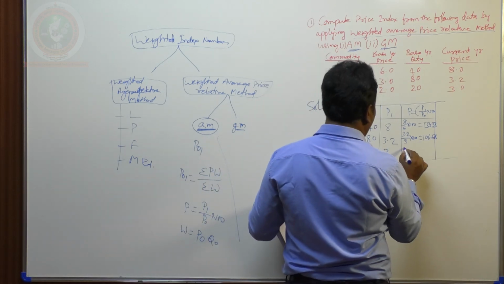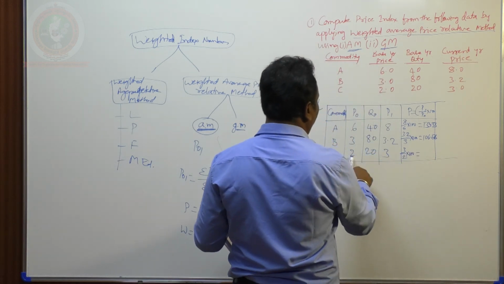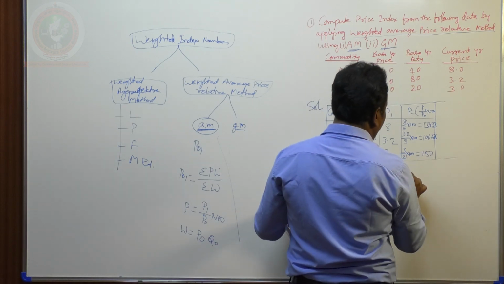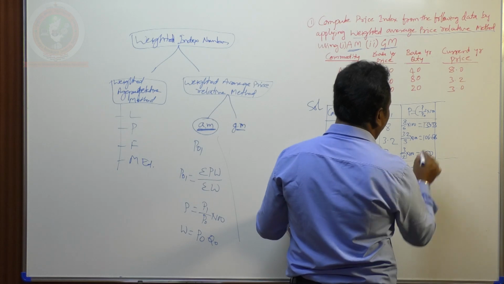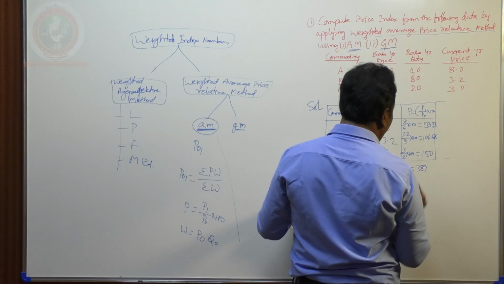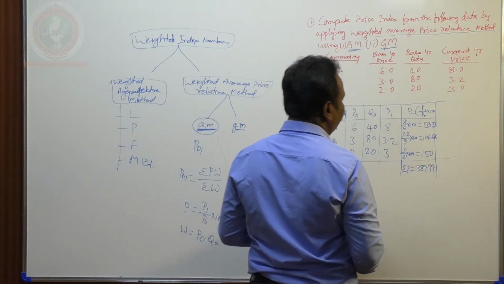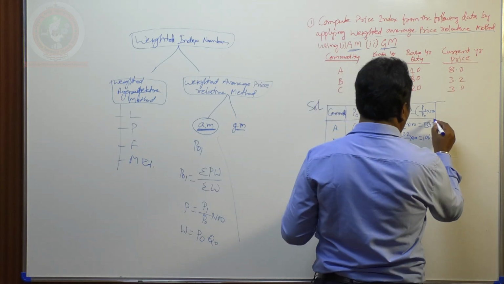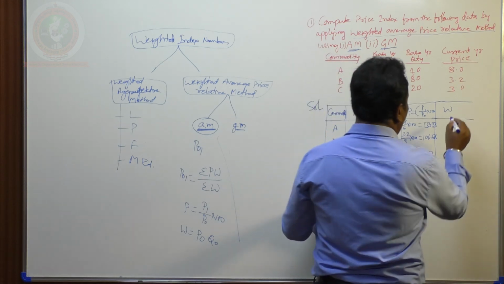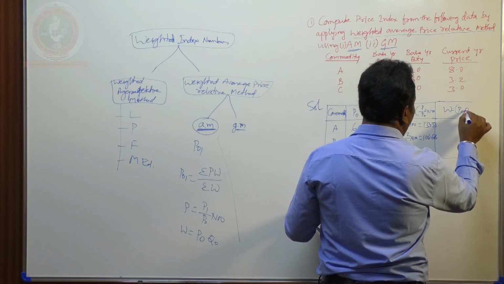Then 3 divided by 2 into 100 is 150. So summation of P equals 389.99. Then, to calculate the weights, weight equals P0 Q0.